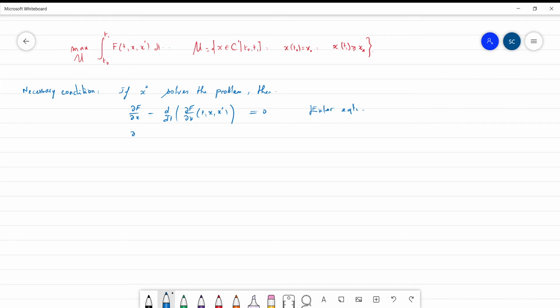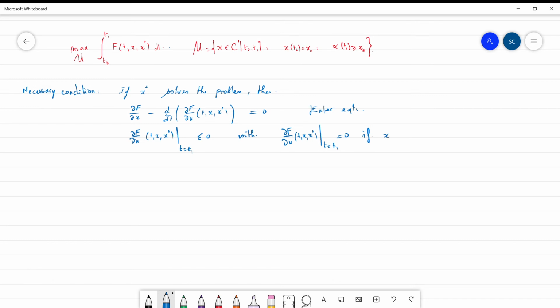It is this one: df/du applied at (t, x, x') at t equal t1 is negative or zero, with df/du applied at (t, x, x') at t equal t1 equals 0 when x(t1) is strictly greater than x1. They appear naturally if we try to solve the problem.